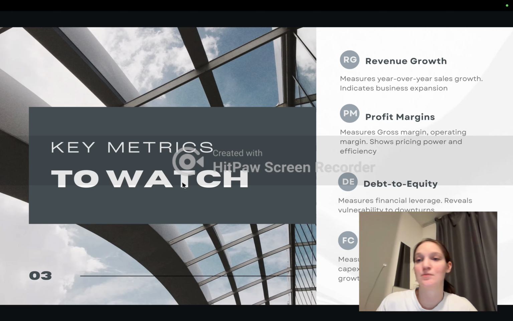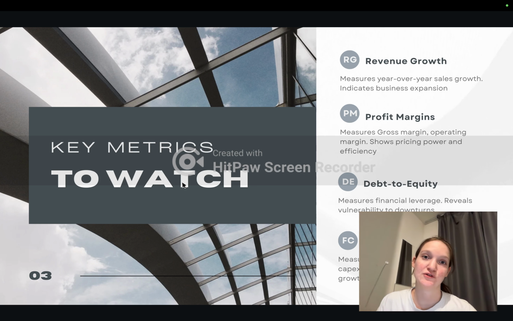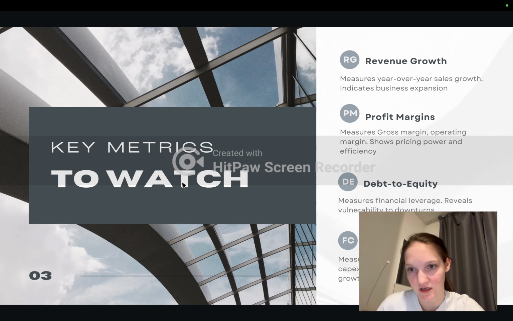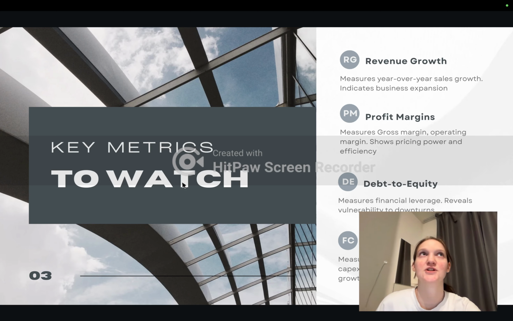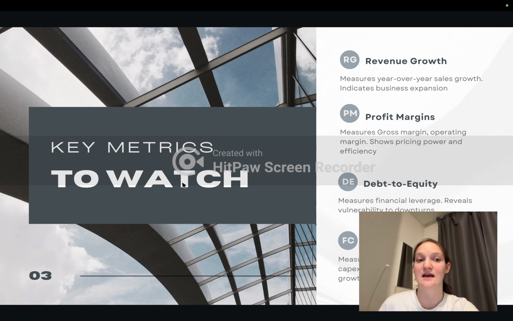Now some metrics people usually look at. Revenue should grow over time, not remain the same or decline, because it doesn't make any sense to invest in such a company. Profit margin has 2 types. Gross margin measures how much money the company has left after producing its products and selling them.